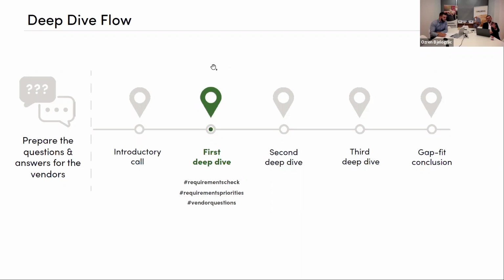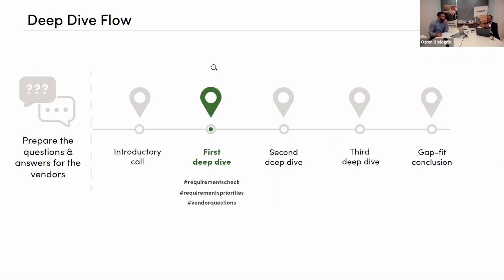Maybe just to add here the difference, and why it's recommended to go through vendor responses and presentations in the first deep dive, not on the intro call that much: you would like the vendor to focus on your actual requirements. That's why in the introductory call, it is very important to focus on your requirements, what do you need, and not on the vendor.